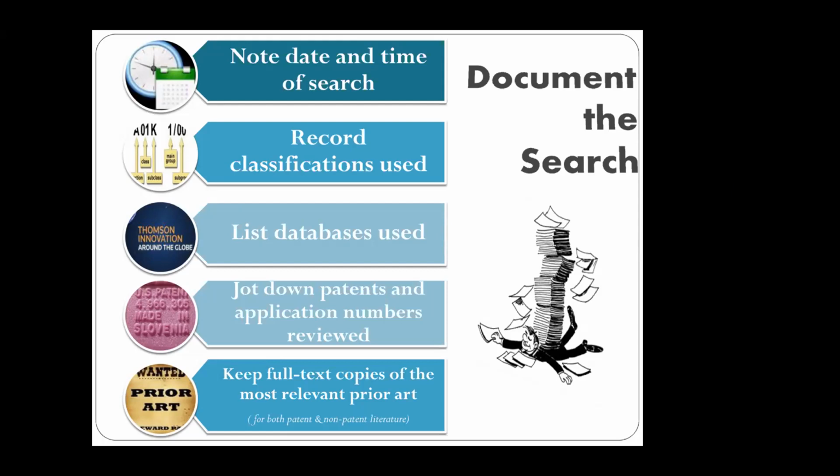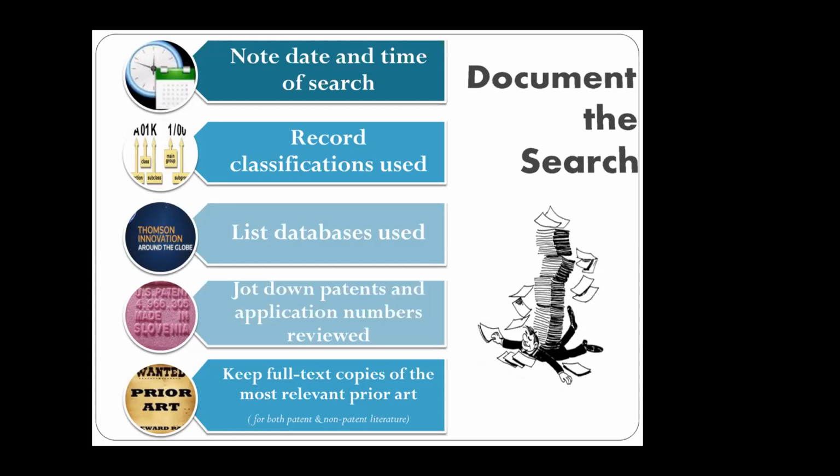So if a particular search string has 10,000 results, that may be a very broad result, and you may also input it in the patent search report.